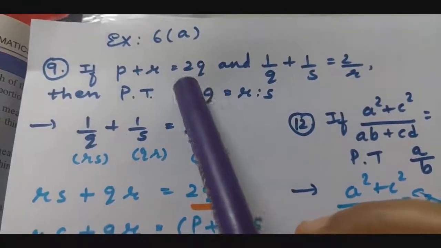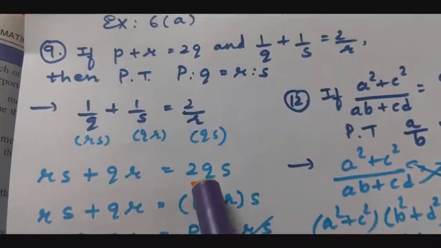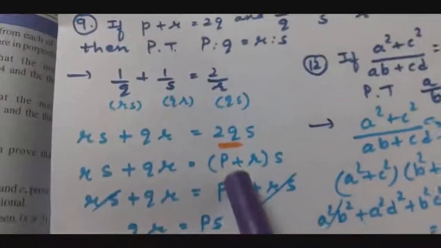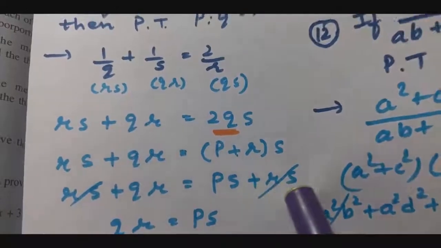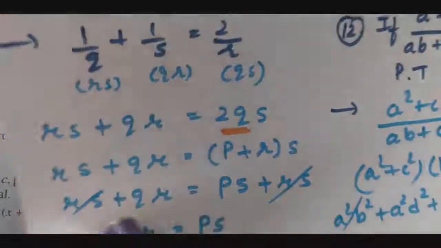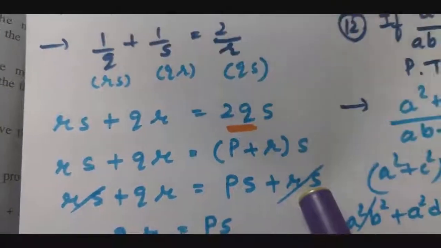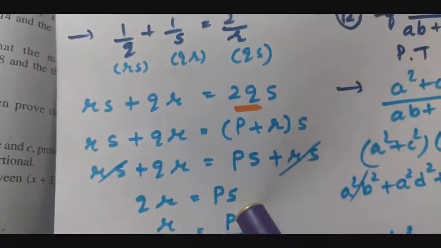So I place this value of 2q in our solution. Instead of 2q, place p plus r. Now in the next step, open the bracket: ps plus rs. So rs cancelled from both the sides and we are left with qr is equal to ps.